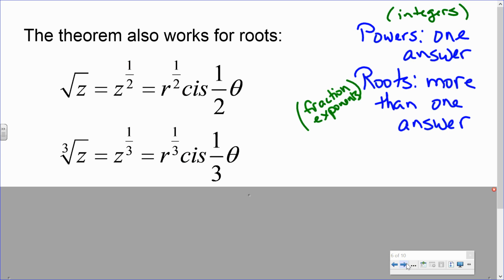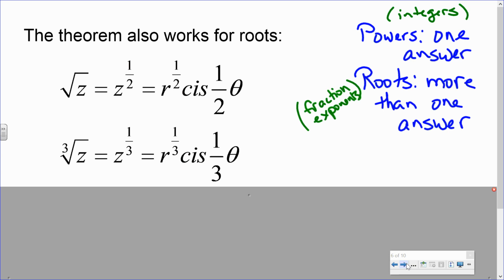Plus or minus, because we know if we've got 16, that there really are 2 numbers we can multiply by themselves to get 16, positive 4 and negative 4. So with square roots, we kind of get what we're talking about with there being 2 answers. With cubed roots, there are going to be 3 answers. 4th roots, there will be 4 answers. 5th roots, there will be 5 answers, and so on.